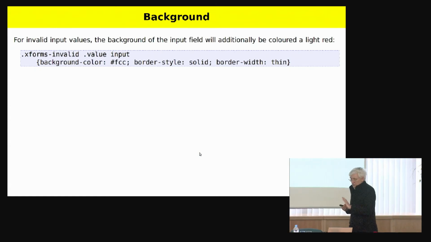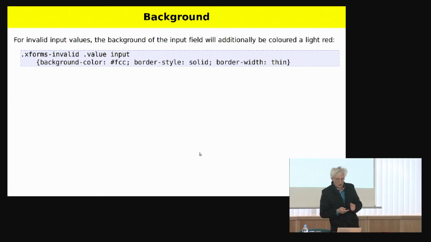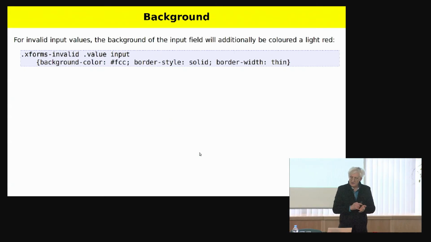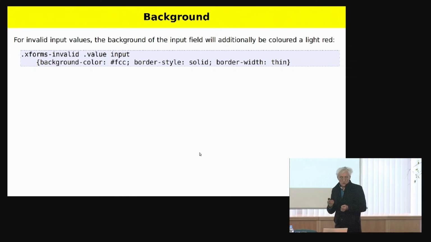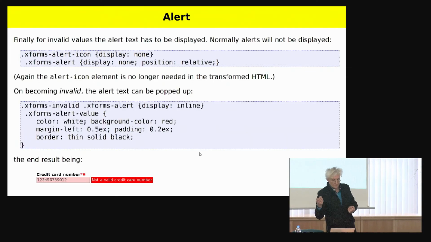One other thing we're doing, which you saw in some of those examples, is that the background color of the control is going to be a light red as well, to make it clearer when something's wrong.